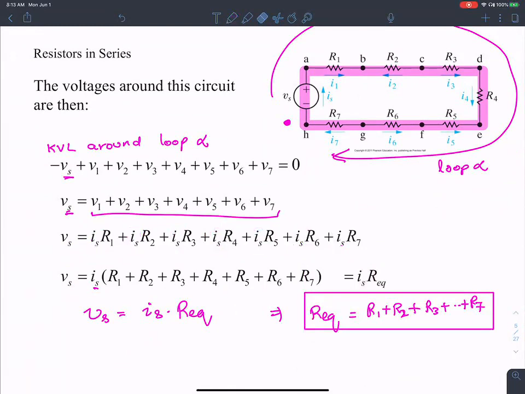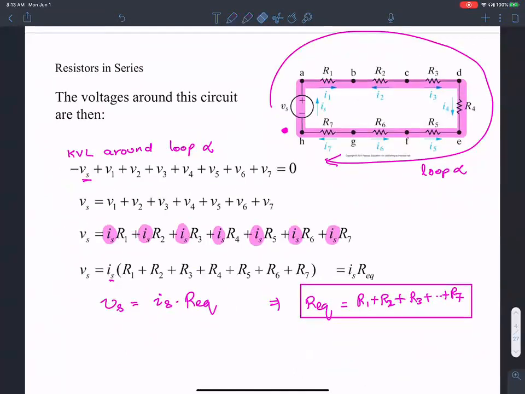The important point is to notice that again, the currents are all the same. And this simplification is only possible by factoring out Is, which is common.